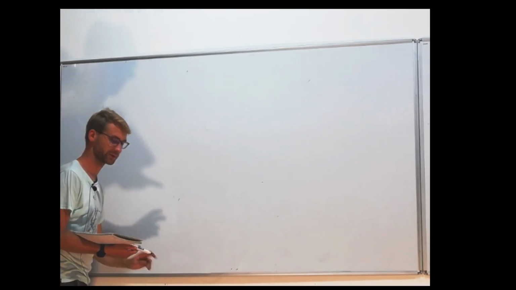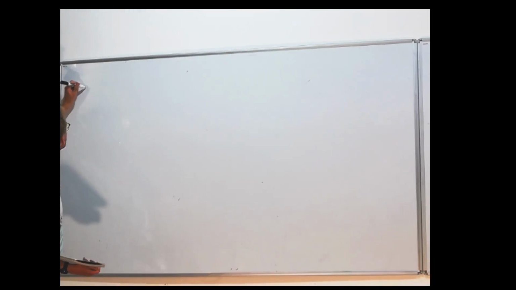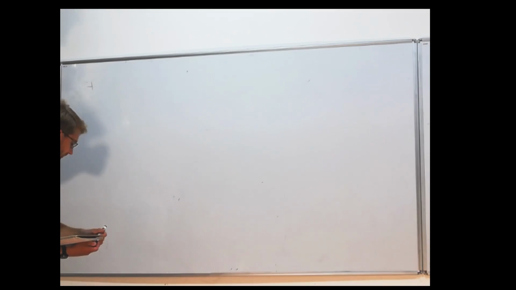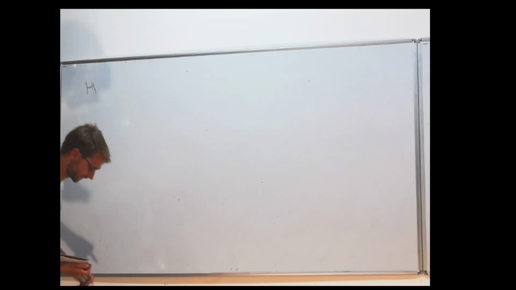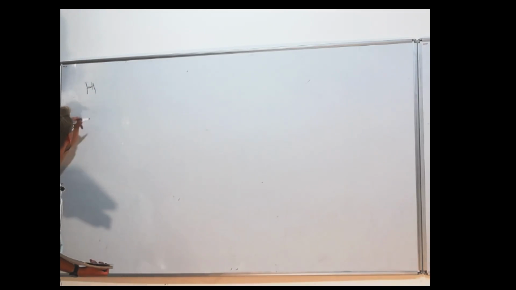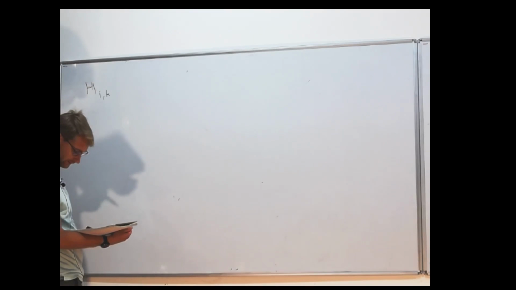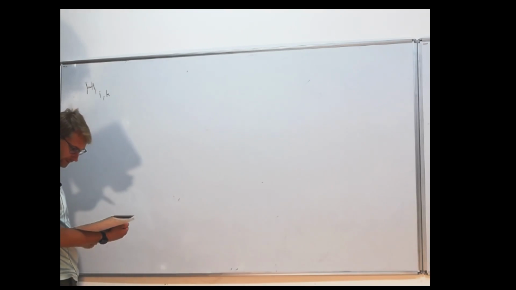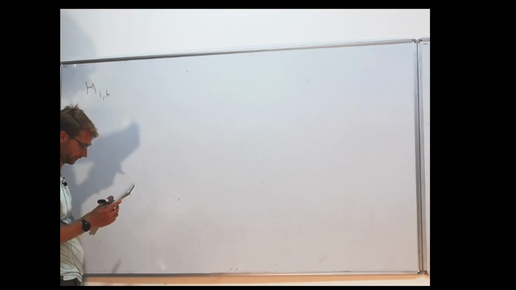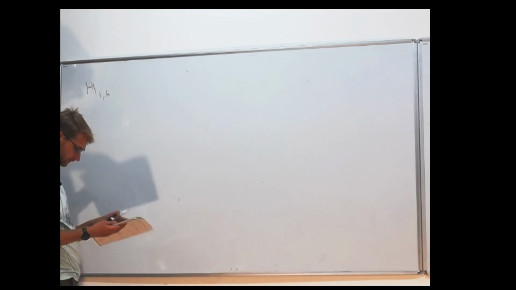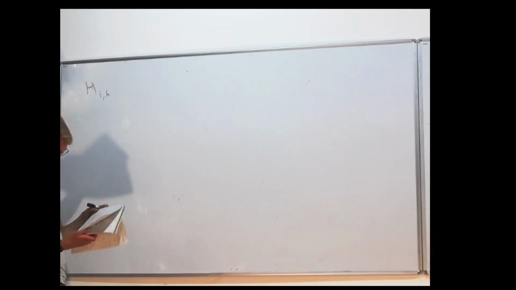So this linear transformation, I should probably try a new marker. That's better. So we had these H_{I,K}, and we want to see that, let me do this in the right way. I have two matrices going on, I want to take the right one. Just a moment.